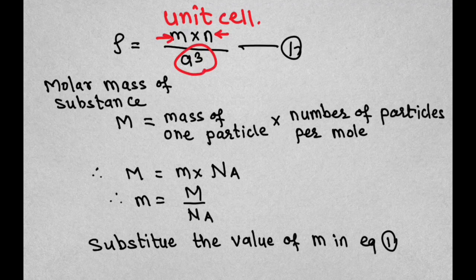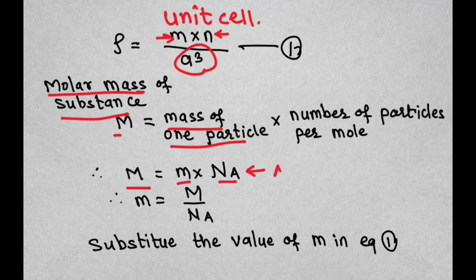Now here capital M is the molar mass of the substance. We know that the molar mass of the substance is equal to the mass of one particle multiplied by Avogadro number, the number of particles present per mole. Therefore we can write capital M is equal to small m into Na.